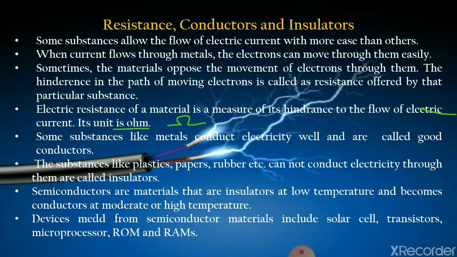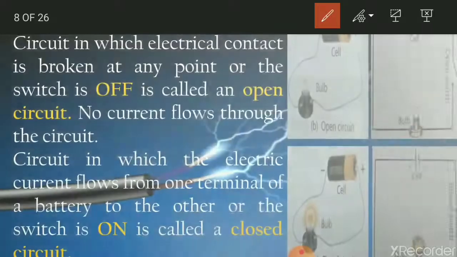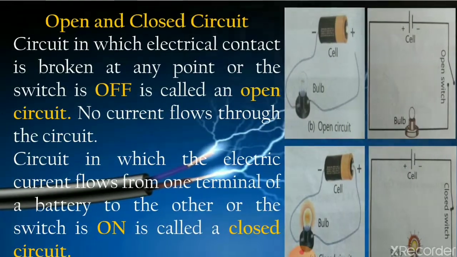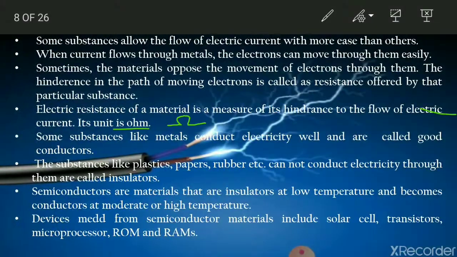Now one more thing, that is semiconductors. So conductors and insulators we have studied. Now semiconductors. What are semiconductors? Semiconductors are the materials that are insulators at low temperature.